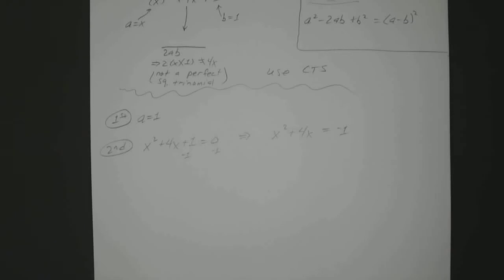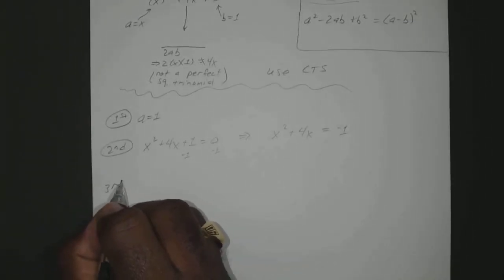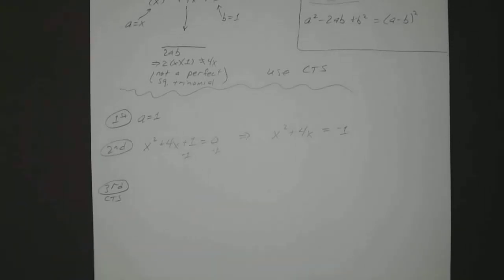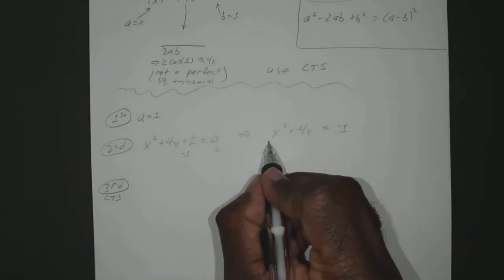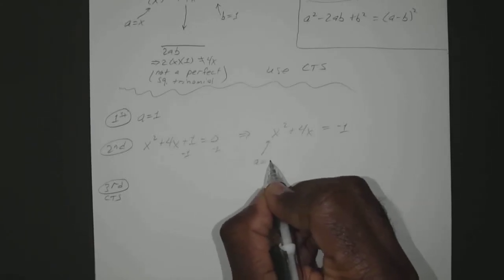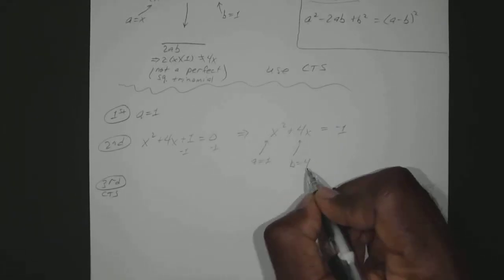Okay, so now our third step, we complete the square. We know that for this, your a is equal to 1, and your b is equal to 4.